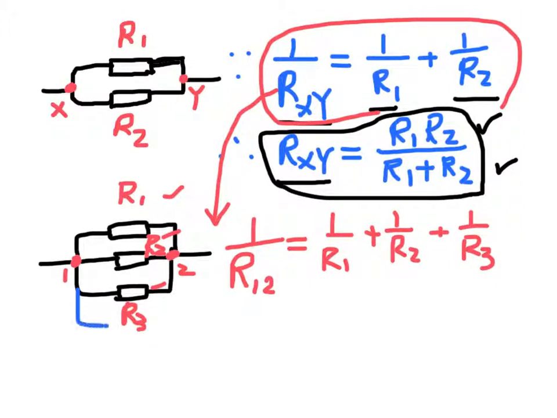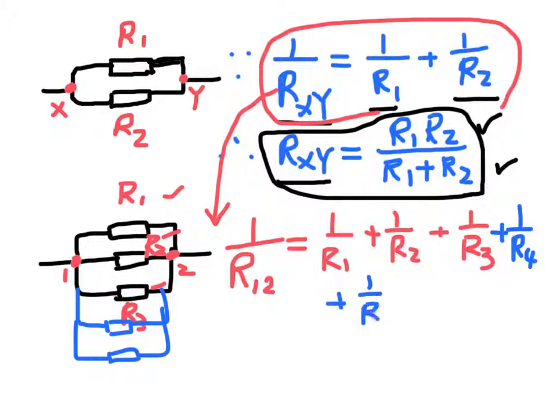If we have more resistors connected in parallel, then the summation can still be added on, etc.